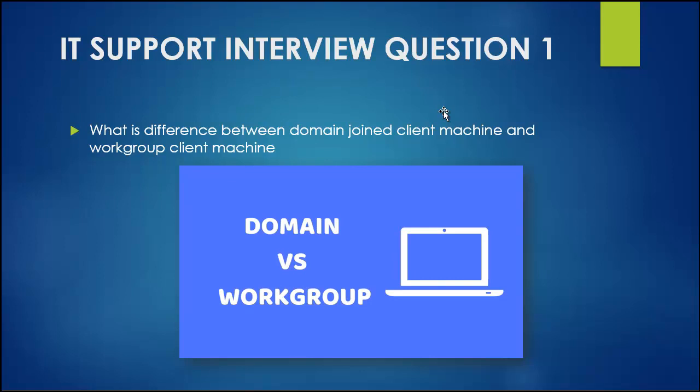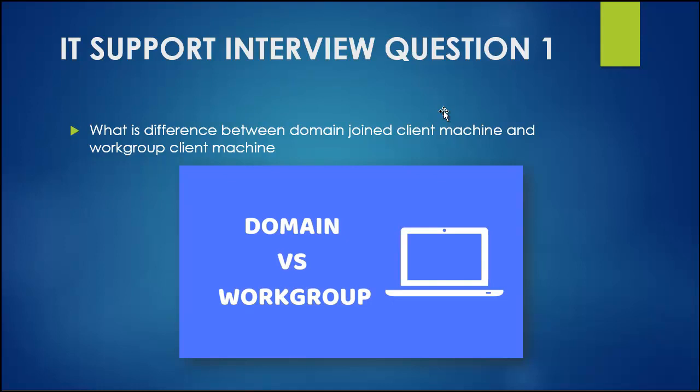The first machine, which we call the domain joined machine, is a machine that joins a domain. Let's say, for example, we have a company, an office, and we have a domain jobskillshare.org. The machine that has joined this domain is now called a client machine that has already joined the domain.